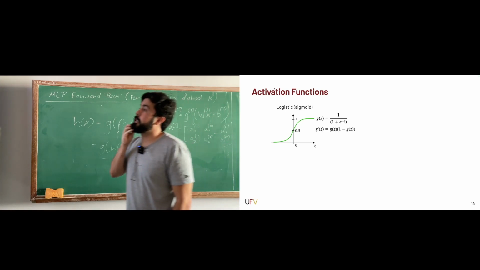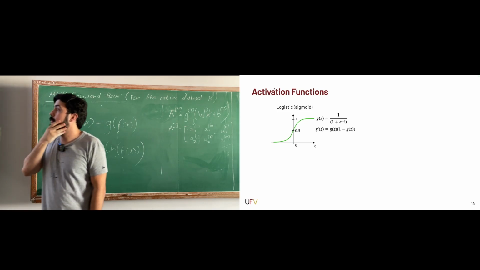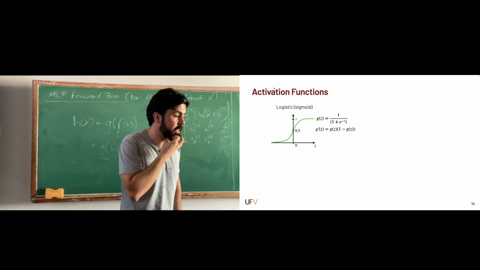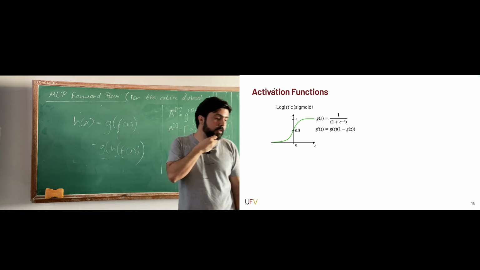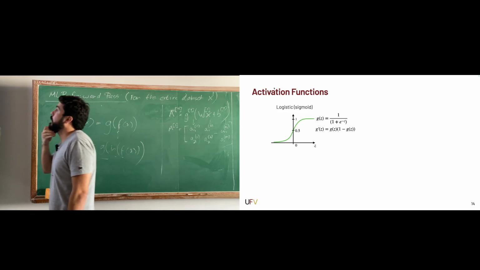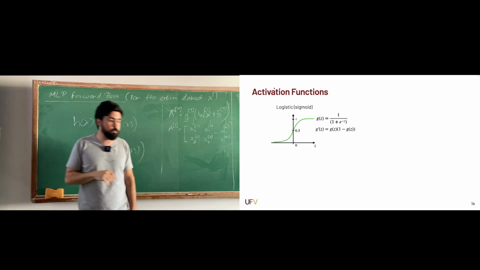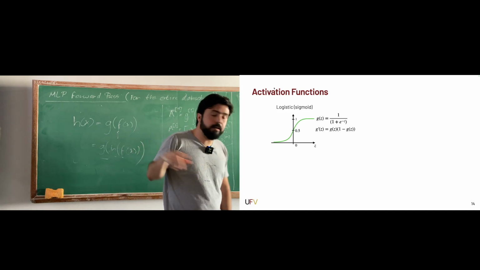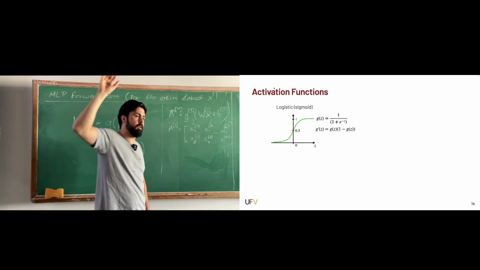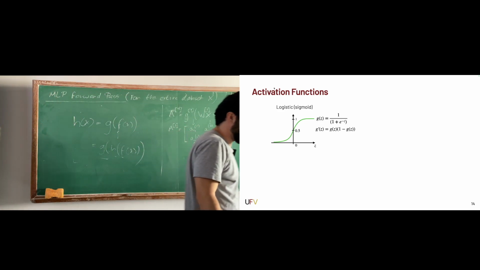And it tends to 0 when z goes to minus infinity, and it tends to 1 when z goes to plus infinity. Okay? That's the definition: g of z equals 1 over 1 plus e to the minus z. And you can see here I already put the derivative, or the slope, of this function. Okay.